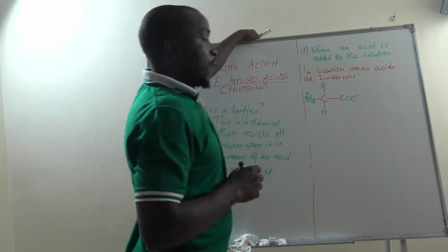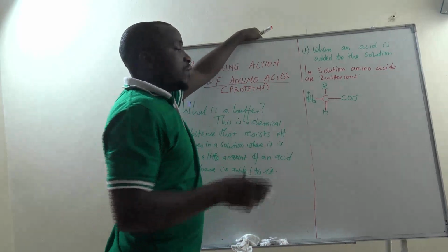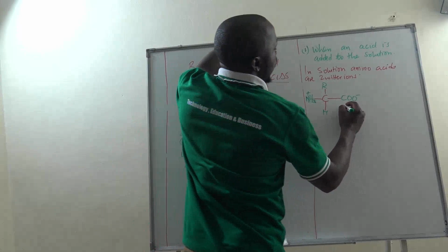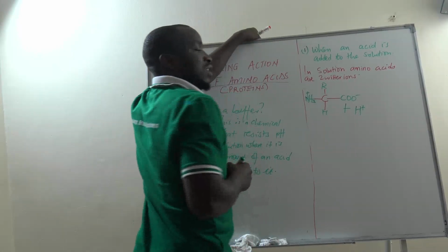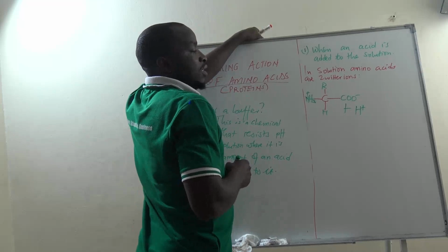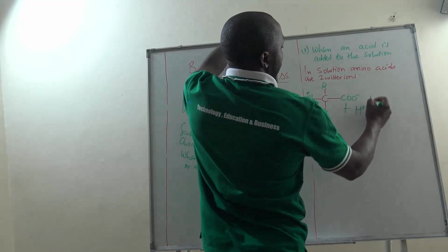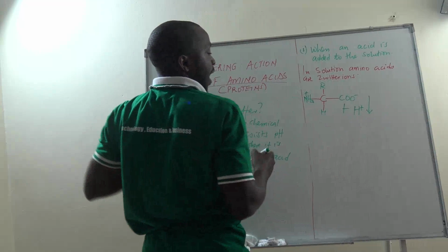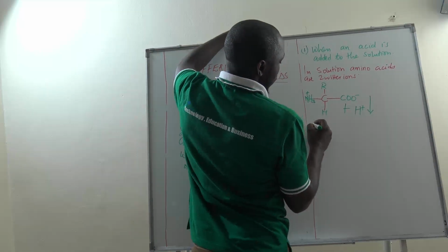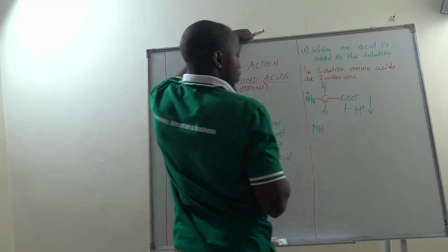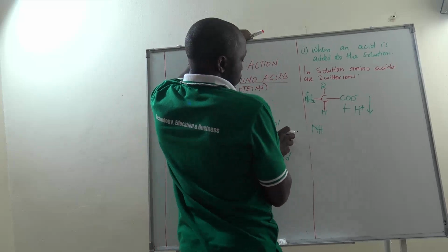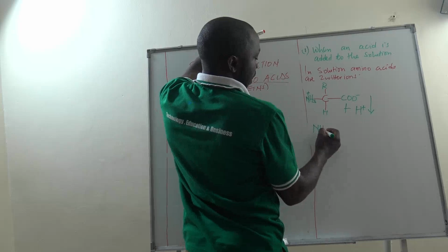That is our zwitter ion. So if to this solution we add hydrogen ions, which represent the acid, the zwitter ion will absorb the hydrogen ions that would cause the change in pH.